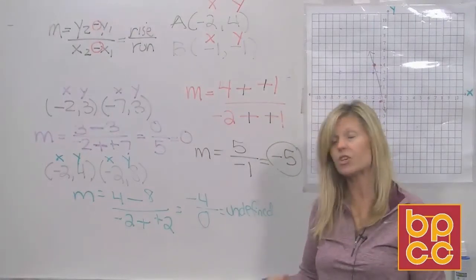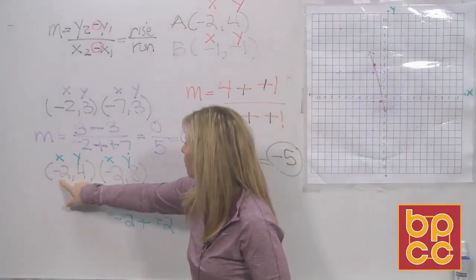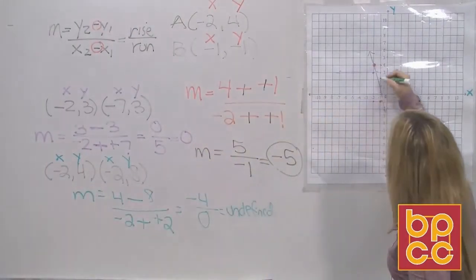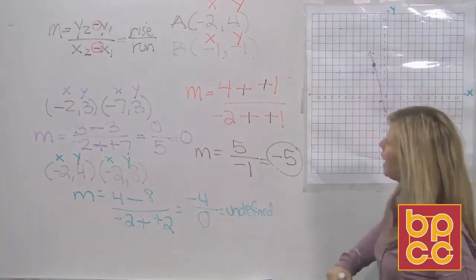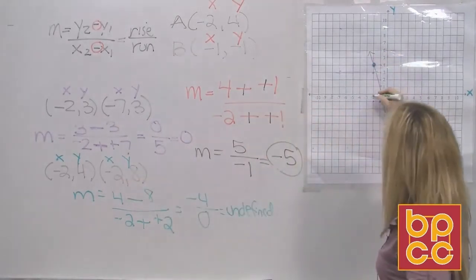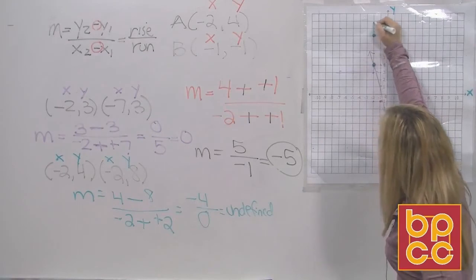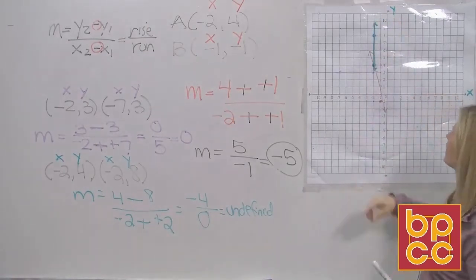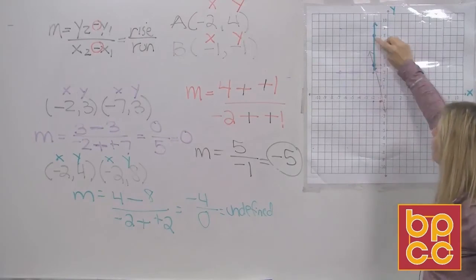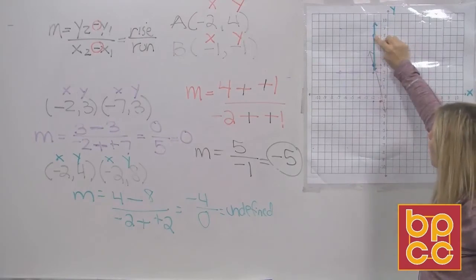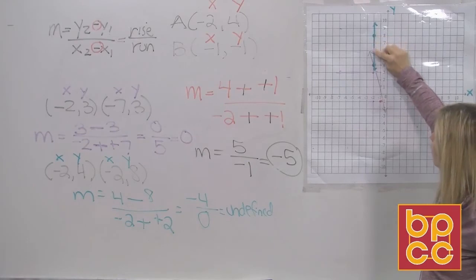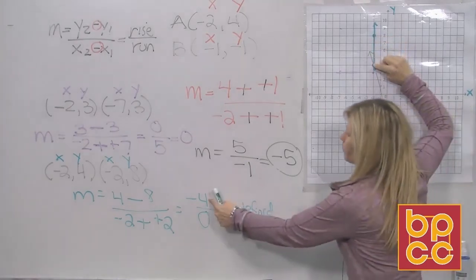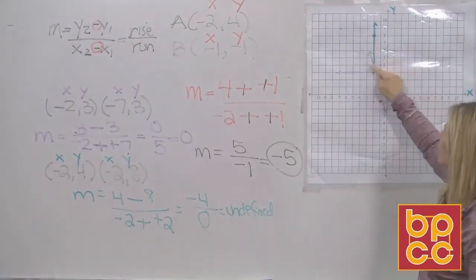Now to prove that to you, I'm going to draw the picture. If I plot negative 2, 4, that'll be there. And if I plot negative 2, 8, that'll be there. And sure enough, I can connect them, they would make a vertical line. And if I said explain the movement from here to here, you would say, well, my rise is down 1, 2, 3, 4, and I'm not running right or left because I'm there.